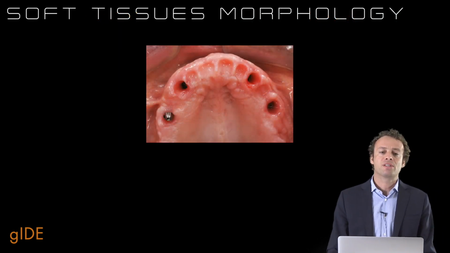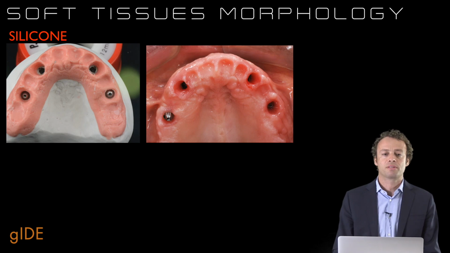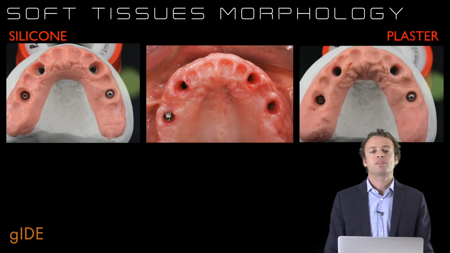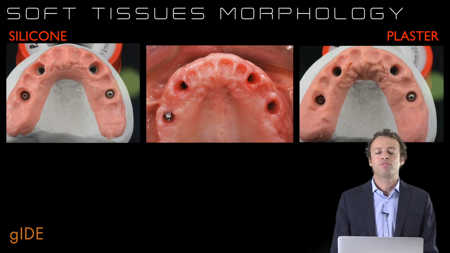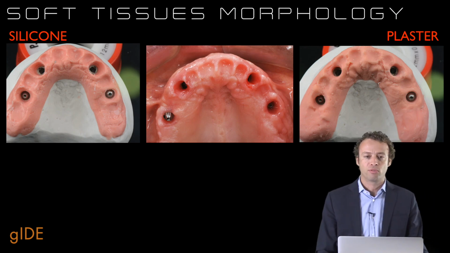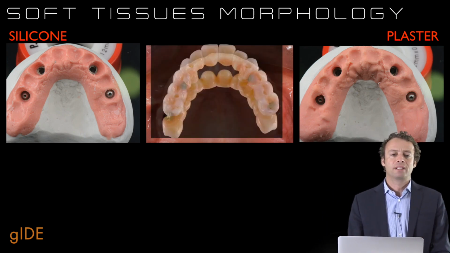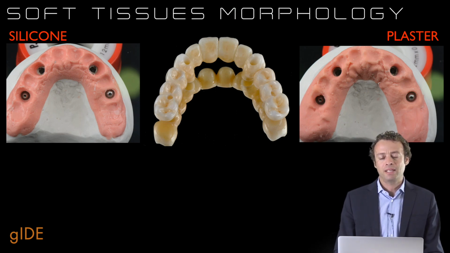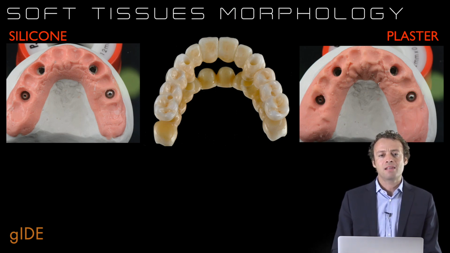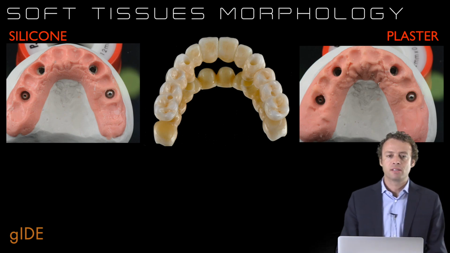And also here we can see the difference between the two models. This is from the silicone on the left side, and the other one with the plaster. And we can see how different it is. It's a completely different morphology. In that way, I asked my dental technician to create a full arch rehabilitation on 4 implants in monolithic zirconia.